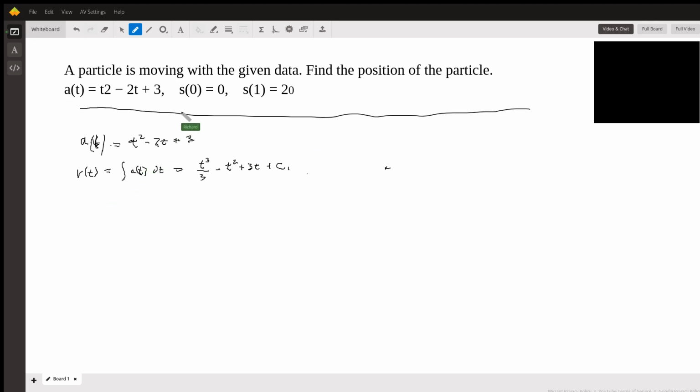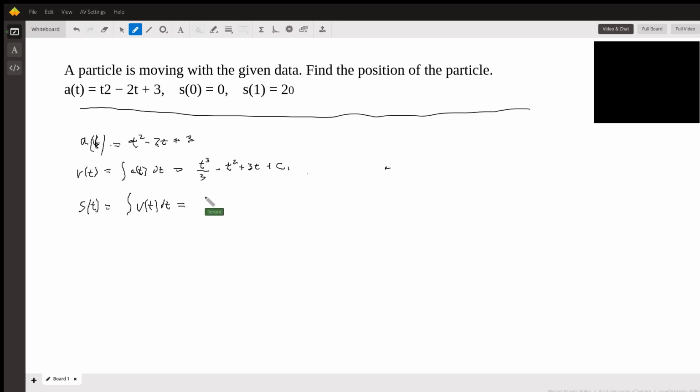And then we want to find S, which is the location or the distance. So S of t is just going to be the integral of v of t dt. Okay. So once again, we use power rule here.